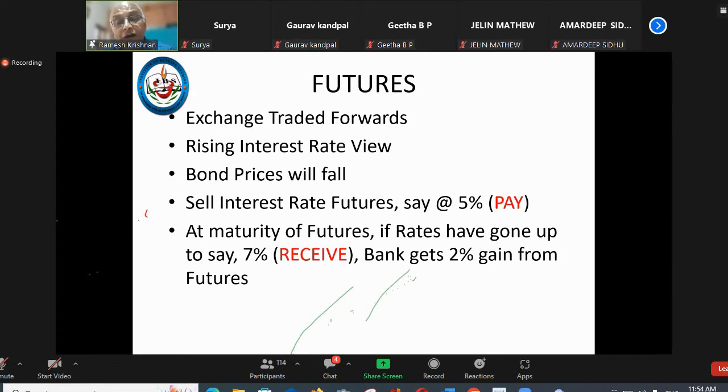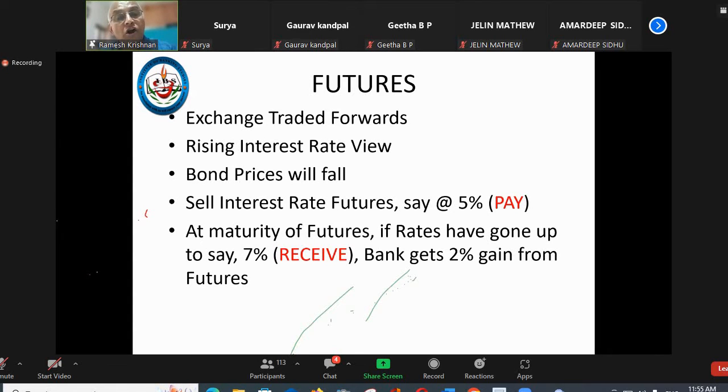So whatever price loss has been there on your bond portfolio, part of it you get compensated by this interest rate view, which was correct, and interest rate went up beyond 5% to 7%, and you got compensated from the exchange 2%. Suppose you do it for a notional principal amount of 100 crores and your portfolio is there for that 100 crores notional principal amount, the 2% difference comes to your account. So 2 crores you get credited.